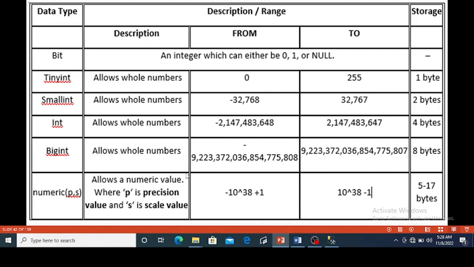So let's continue with numeric. We put p, s in brackets. Numeric(p,s) allows a numeric value where p is the precision value and s is the scale value. You can see the range is -10^38+1 to 10^38-1, which is 5 to 17 bytes.